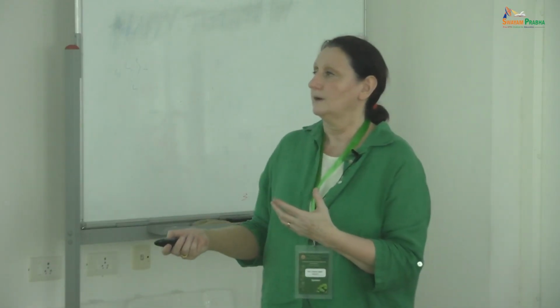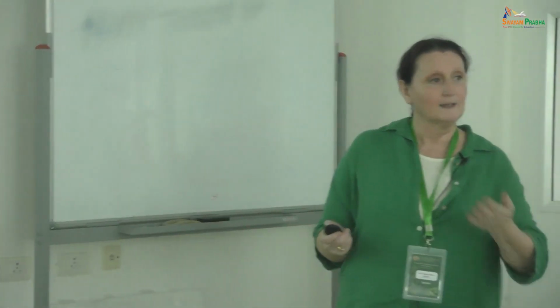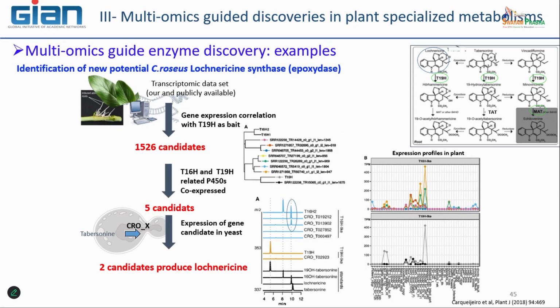So we studied these 2 candidates particularly, and in this case, we found that both of the enzymes encoded by these 2 candidates are able to perform this step of the metabolic pathway, the epoxidation of tabersonine.